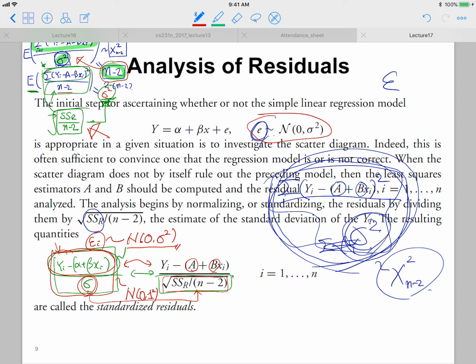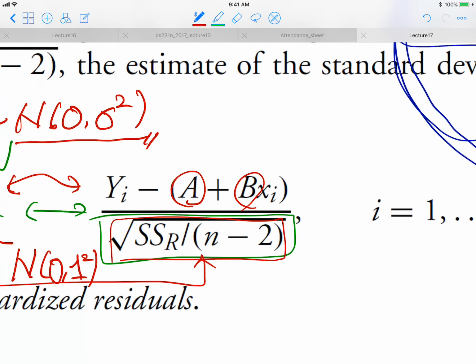Right? Okay, and then what will this follow? This will follow some T distribution, right?